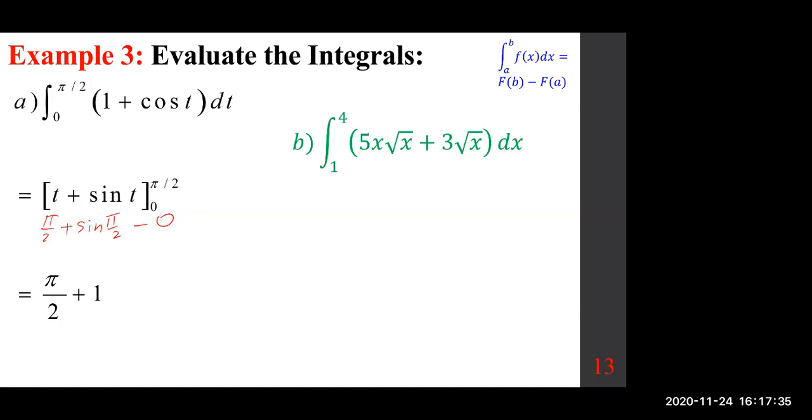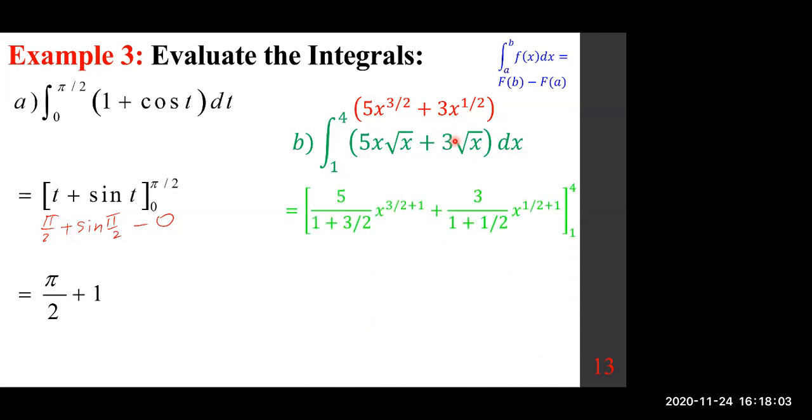Let's look at the next one, and we are going to replace the square root of x with x to the power of 1/2. We replace the square root of x with x to the power of 1/2, and this is what we get. Now, 5 divided by 3/2 plus 1, x to the power of 3/2 plus 1. Same thing here, 3 divided by 1/2 plus 1, x to the power of 1/2 plus 1.